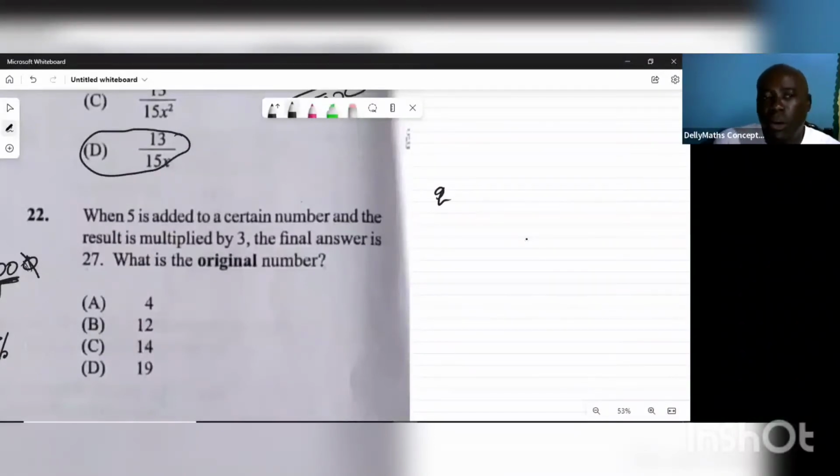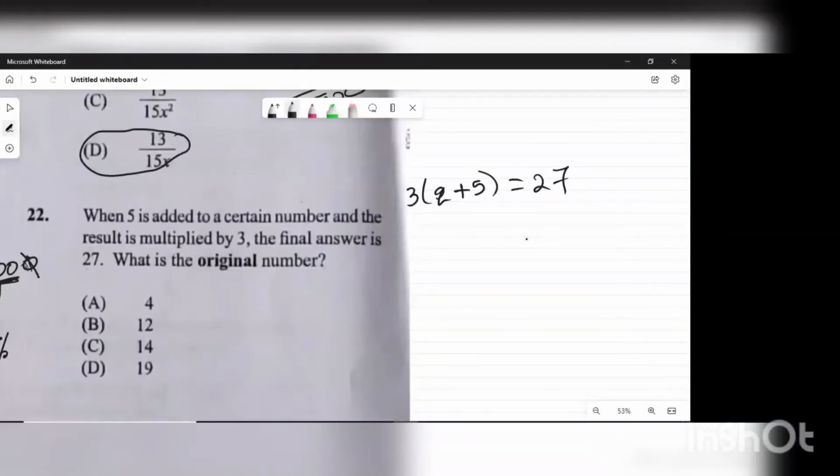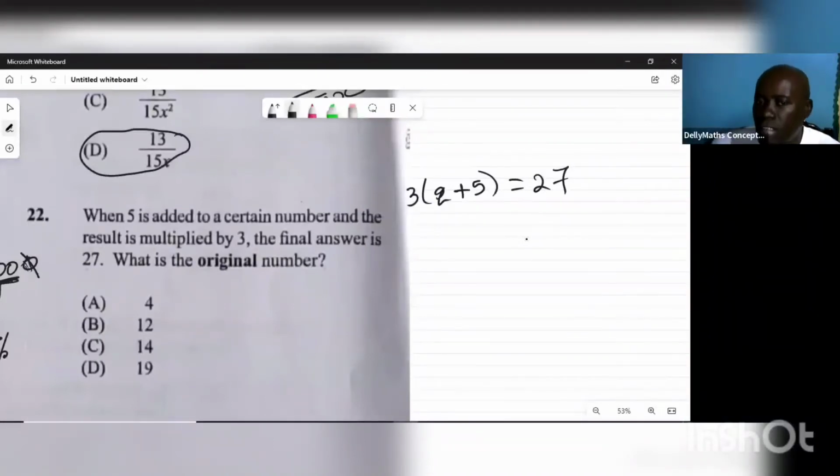So we're going to call the number Q. When 5 is added to a certain number Q, the result is multiplied by 3, we get 27. What is that number? Set up your thing. Q plus 5, put it in a bracket, times 3, gives us 27. All right, and then you could work it from there. There are other ways you could check it too, you know.